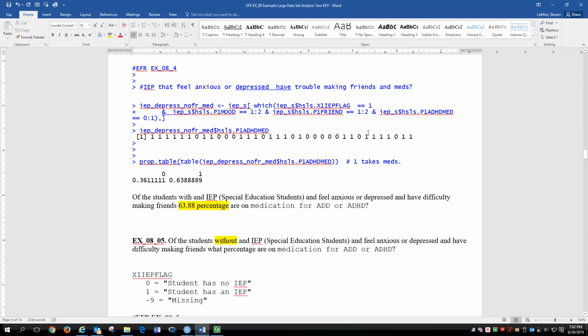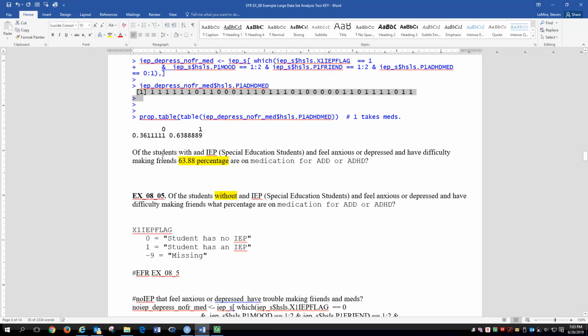And I'm taking both med conditions. And then out from that, I'm going to pull just the med out because these students are the ones that meet all those conditions. And here I just have 2 again. I just have 0 and 1s, so the percentage is very easy.